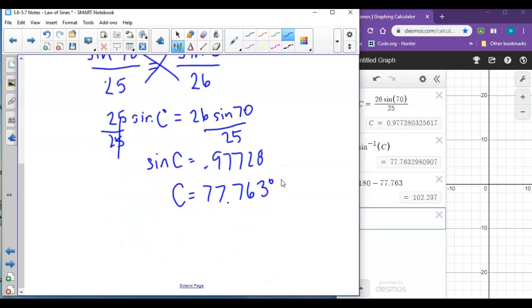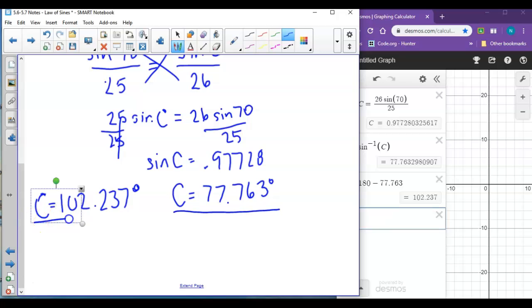And so that means that one of the answers for C could be 77.763, or the other answer could be 102.237 degrees. Okay, so you have two possible answers.